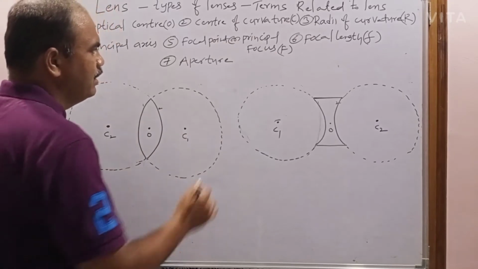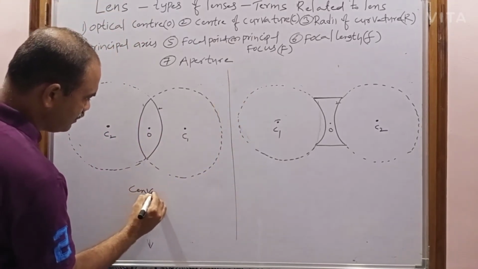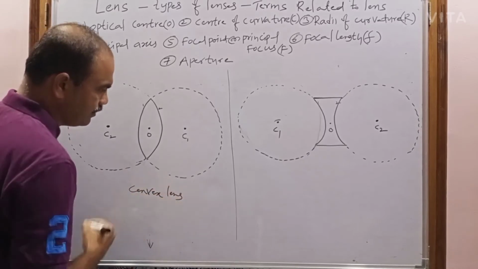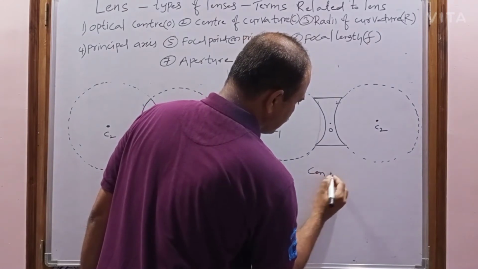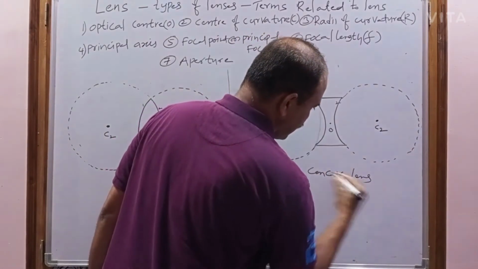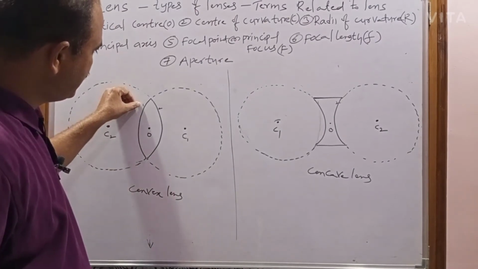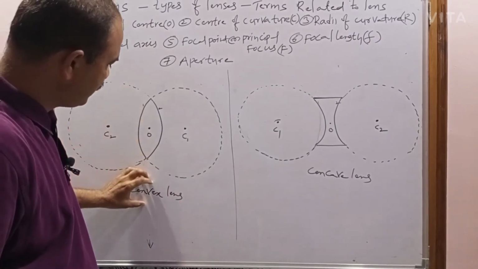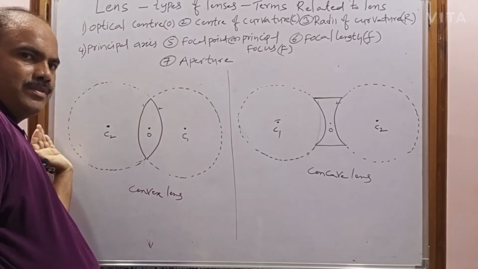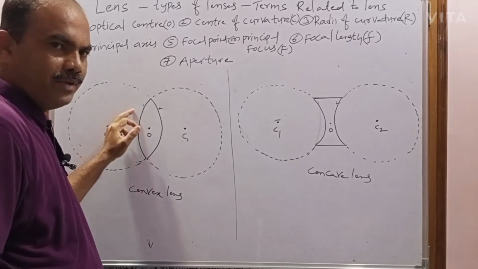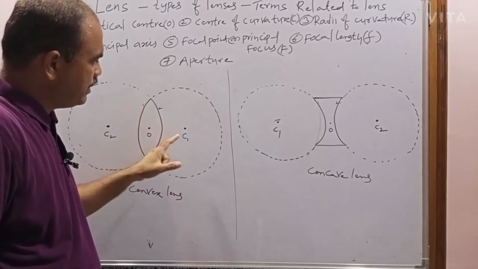But remember, there is a difference. This is a convex lens and this is a concave lens. What is the difference you observe? If I take the first surface in the case of the convex lens, this is the surface towards the left side, but for this surface, where is the center of curvature?